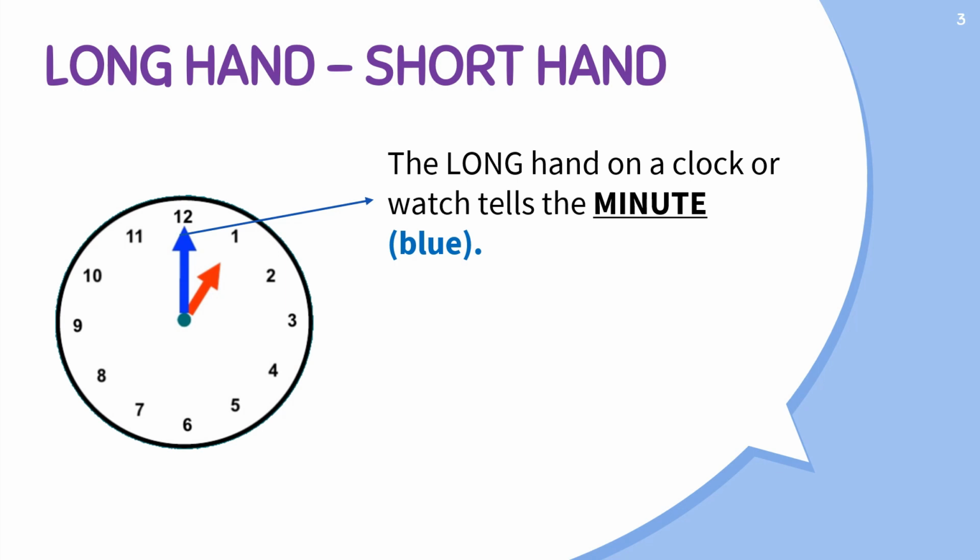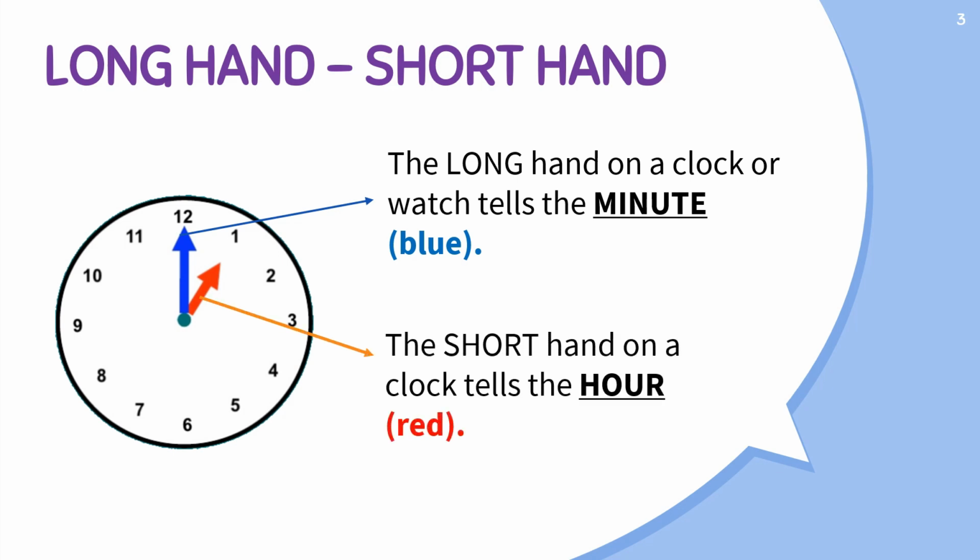You can see the blue one. Next, the short hand on a clock tells the hour, and you will see it is the red one. Okay students, do you understand about the long hand and short hand? Okay, great.